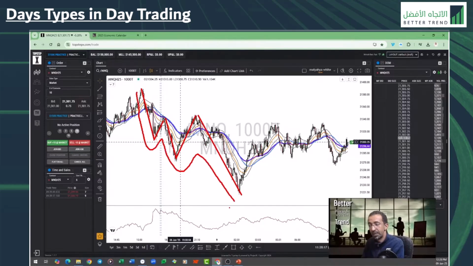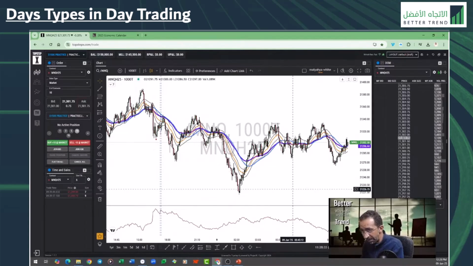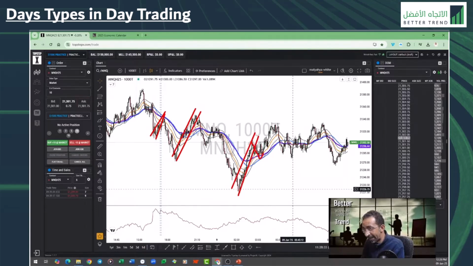But is there a direction up? This one, not complete, only a channel. This one, not complete, only a channel. This one, yeah, we have channel, break, leg 1 and leg 2.